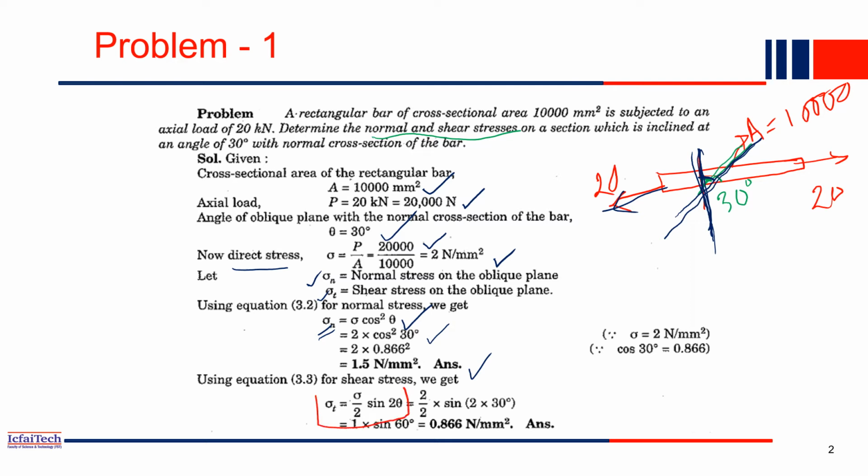Just substitute the values: 2 into theta is 30 degrees, and you will get the shear stress. So 1.5 Newton per mm square is the normal stress in this oblique plane, and 0.866 is the shear stress in this plane. We already derived these two equations last class, so we just substituted and got our final values.